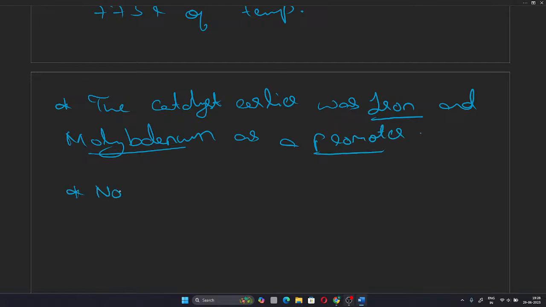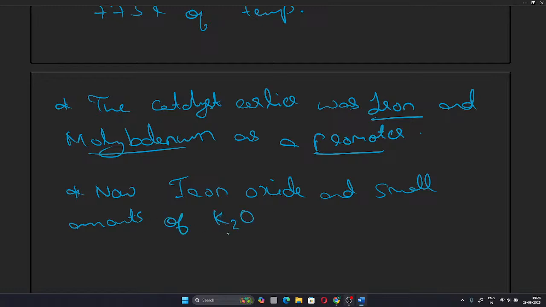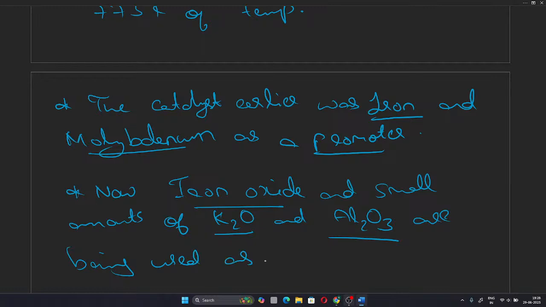Now iron oxide and small amounts of potassium oxide and aluminum oxide are being used as catalysts.